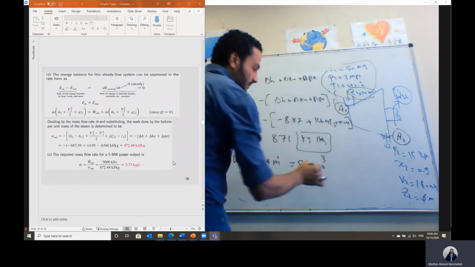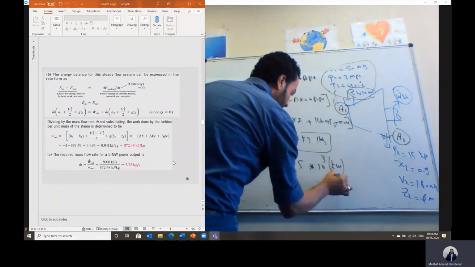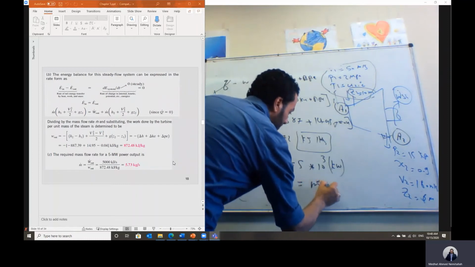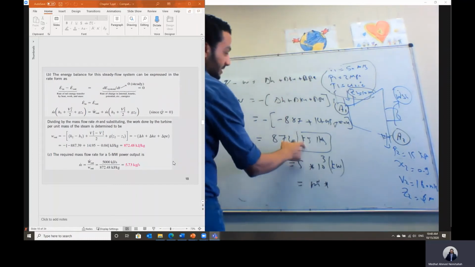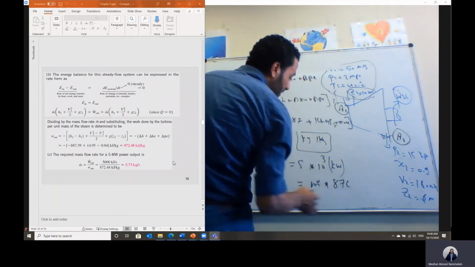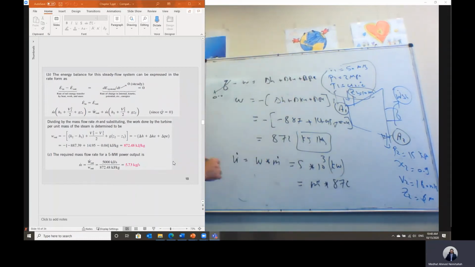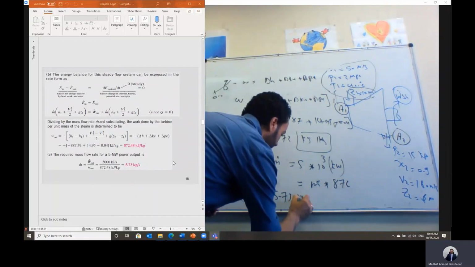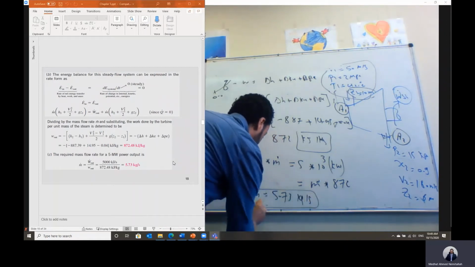So we have to multiply by 10 to the power 3 to convert it to kilowatt. That should equal to M dot in kilogram per second multiplied by the work in kilojoule per kilogram, which is 872 kilojoule per kilogram. Then we can calculate the mass flow rate in kilogram per second. It will equal to 5.73 kilogram per second.